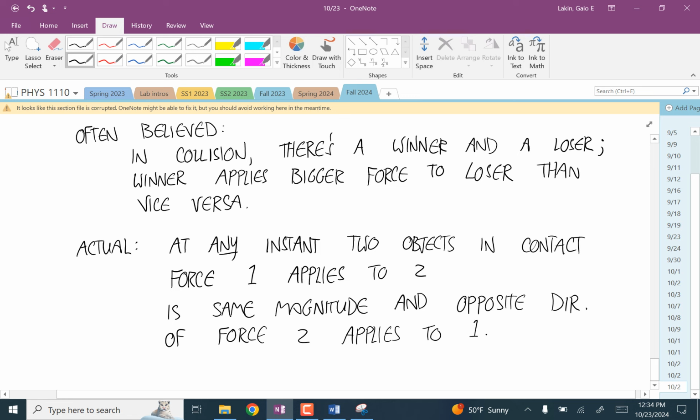There are never any counterexamples to this. It's never a single instant where they're different and then they become more similar or anything. This is always true.